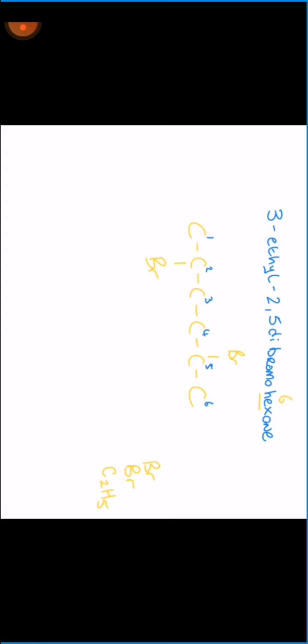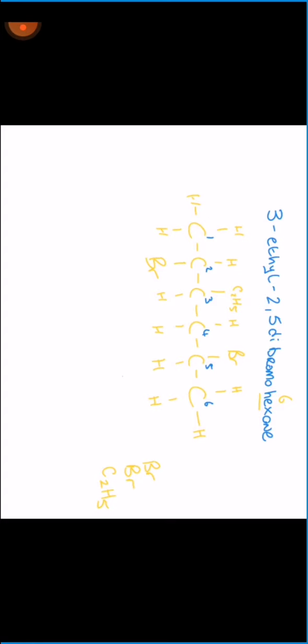And it's 3-ethyl, so it's 3-ethyl C2H5, and then all of the other bonds just have hydrogens attached to them, like this. And once you fill in all of your hydrogens, you've now drawn the structural formula of the name.